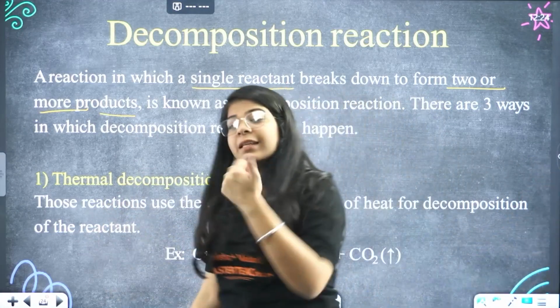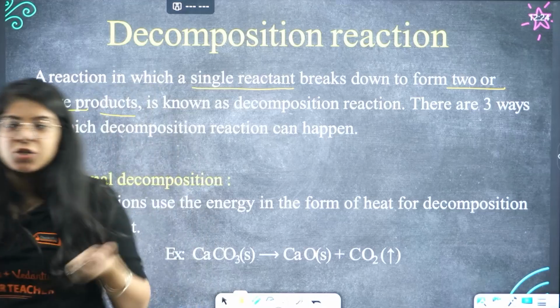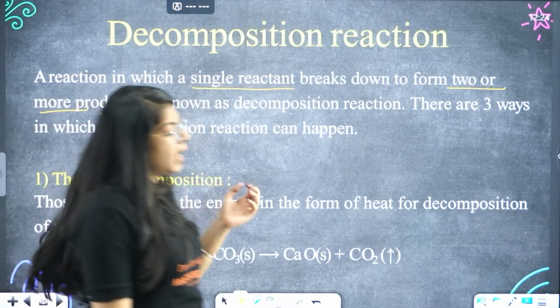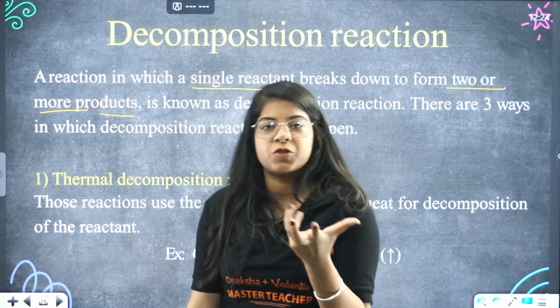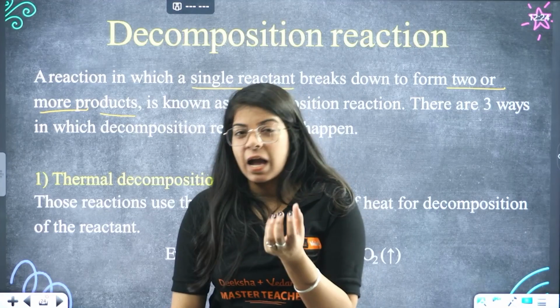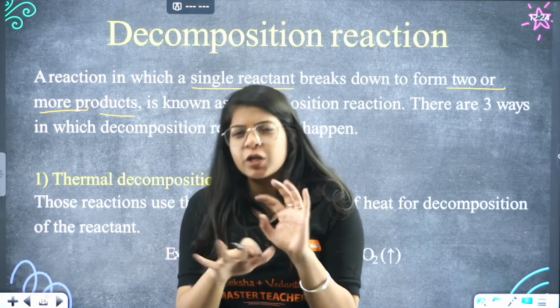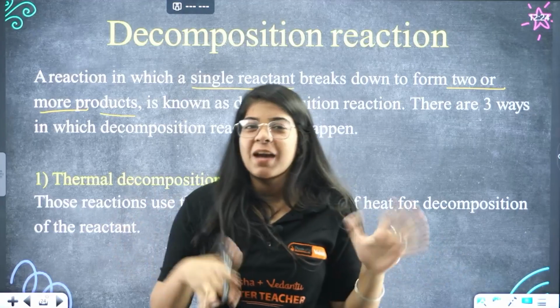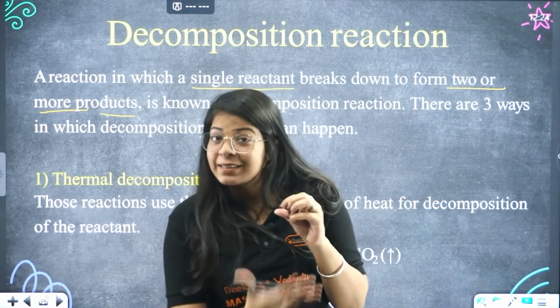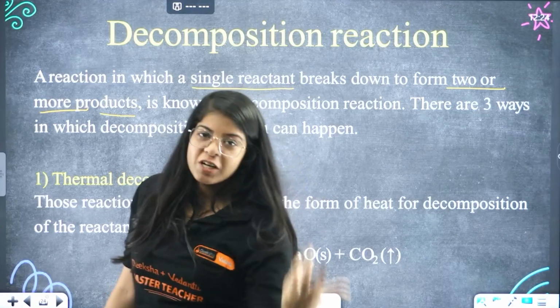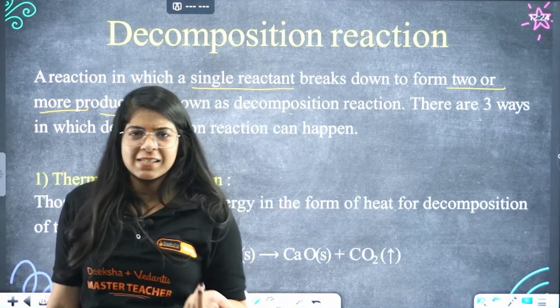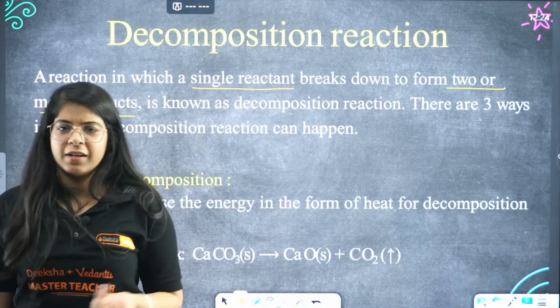There are three ways in which decomposition reaction can happen. Now, if I have, let's say, any substance, if I have plastic, I heat it, it will break or it will melt, right? So can I say the plastic decomposes when I heated it? So that is also a decomposition reaction, not in a chemistry manner, but in general common sense life, it is a decomposition reaction, right?